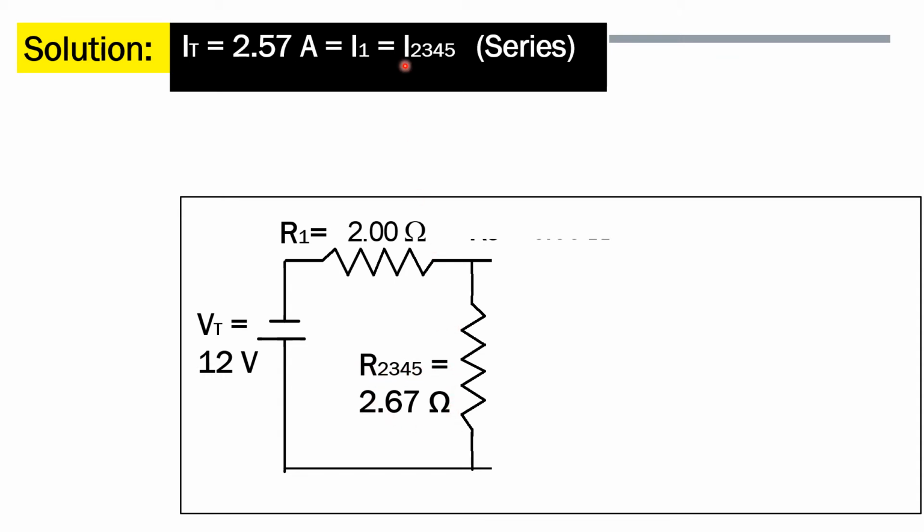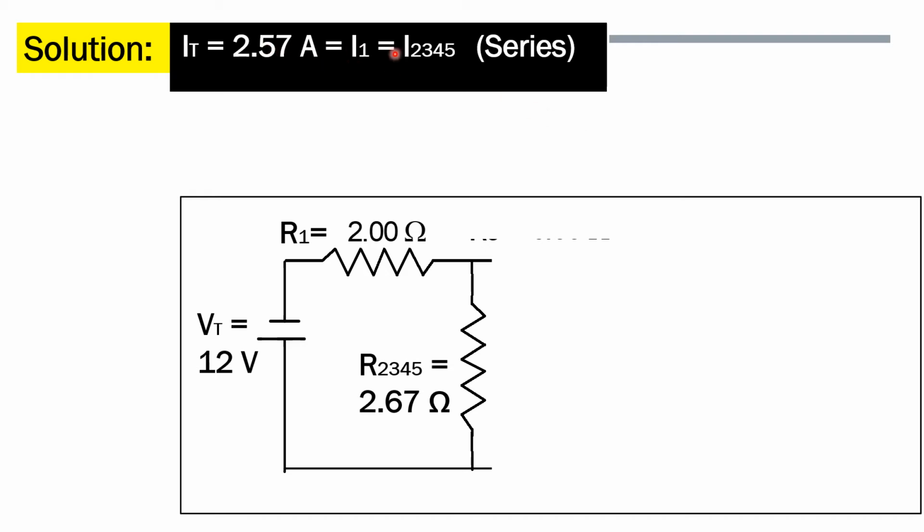That's why we also equate I sub 1 and I sub t, and the current through R2, 3, 4, 5, we call the current I2, 3, 4, 5. So both I1 and I sub 2, 3, 4, 5 are equal to 2.57 amperes.